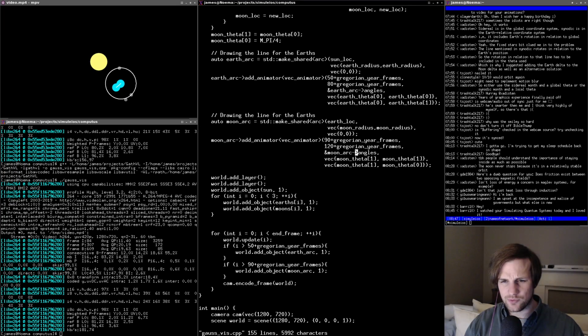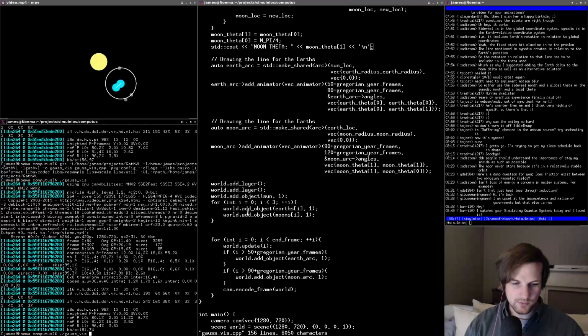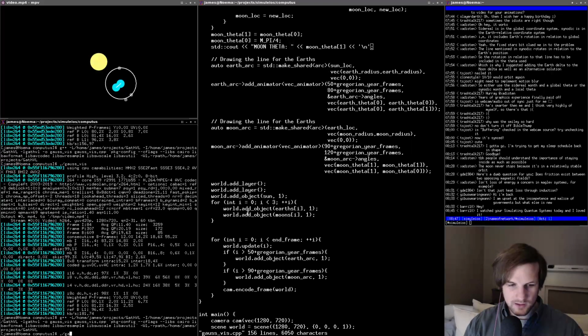We should be updating the moon arc angles with moon theta. What is moon theta not? Let's just output that really quick. std::cout moon theta 1. New line. Write this, go here, g++ Gauss visualization.